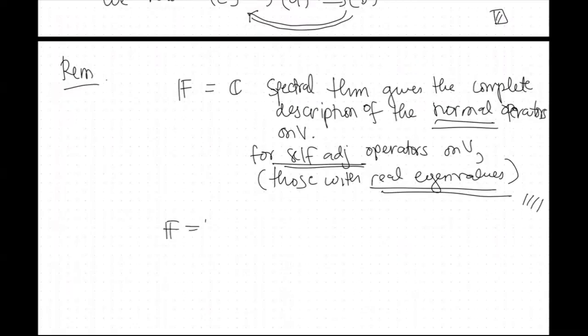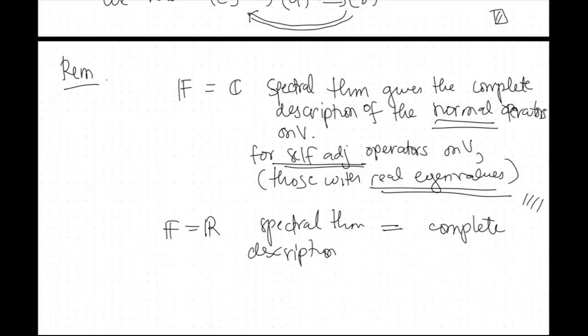Now, if F is the set of real numbers, then the spectral theorem has a complete description of self-adjoint operators.